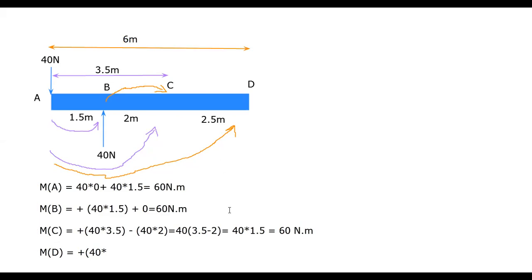Distance will be 6 meter. Now after this, 40 multiplied by 6 will be the moment by the first force. Okay. Now second force is creating the clockwise moment.